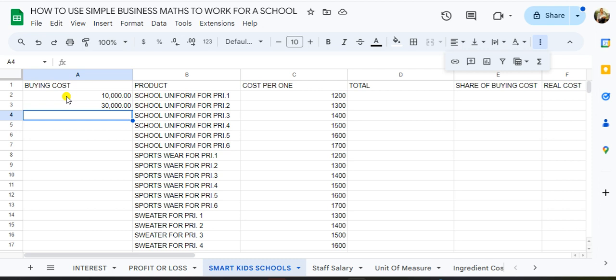So 2,500 times 4, that's 10,000, right? Let's say the artwork costs 10,000. The publishing company too charges, let's say, 15,000 for the artwork of all the products.